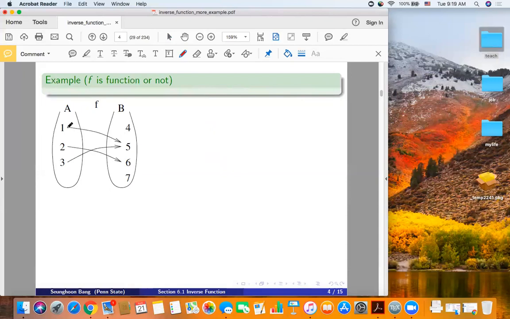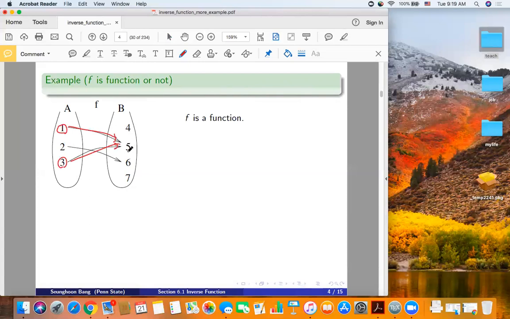Here, 1 is going to exactly one number 5. 2 is going to exactly one number 6. 3 is going to exactly one number 5. Yes, this is a function. Be really careful. Two different numbers going to one value is not a problem.